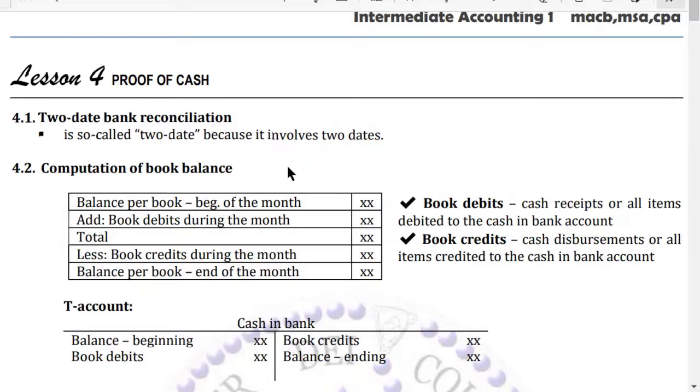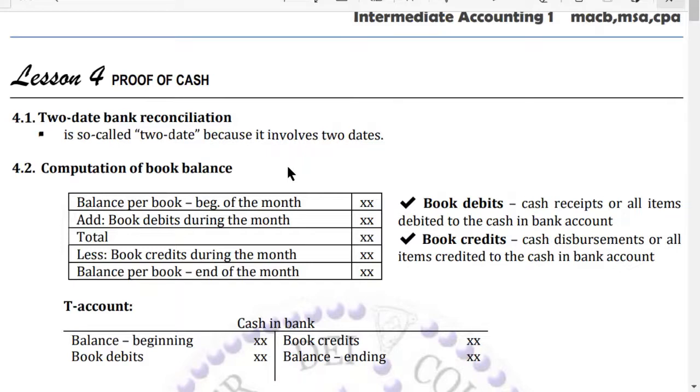And what are examples of the credit memos? If you can still recall, we have the notes collected in behalf of the client. This is collected by the bank, or it could be proceeds of the loan or any maturity of any existing investments or time deposit.